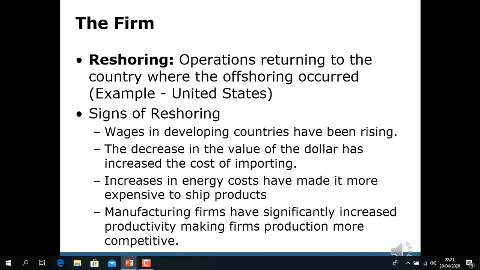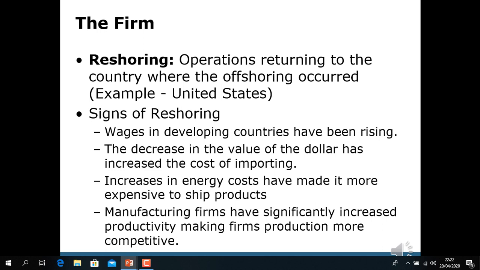This usually happens when production costs such as labor or raw materials become cheaper in the country of origin or are more expensive abroad. In other words, reshoring is the relocation of production activities.